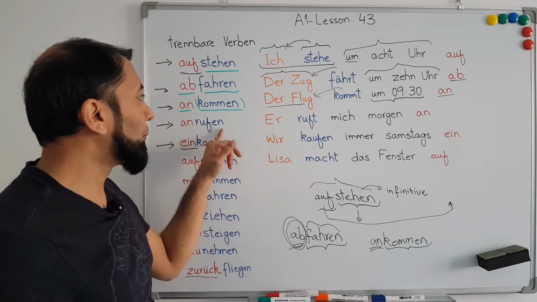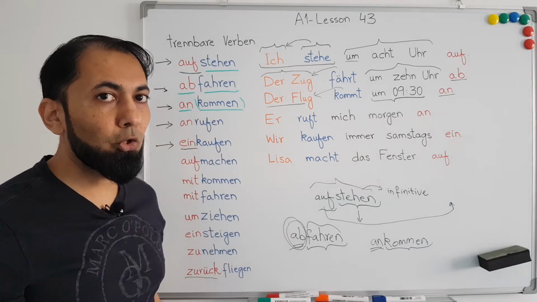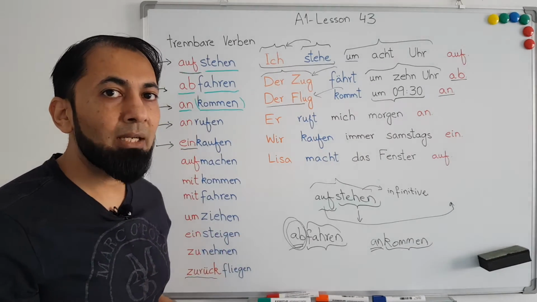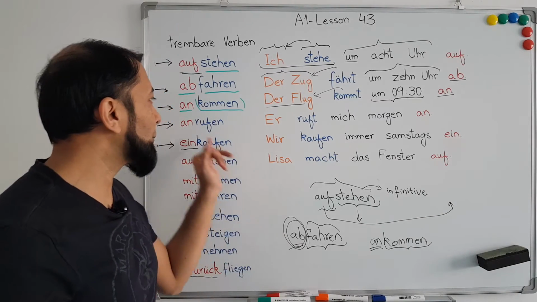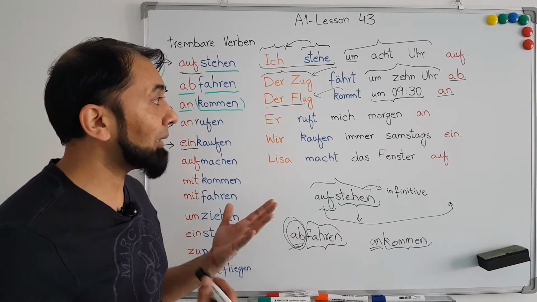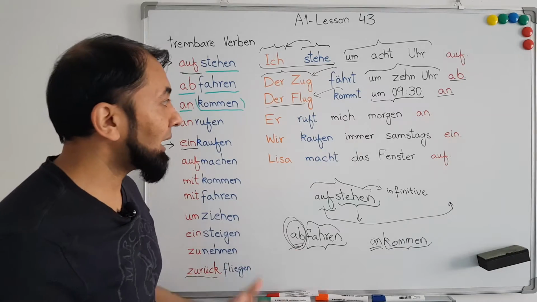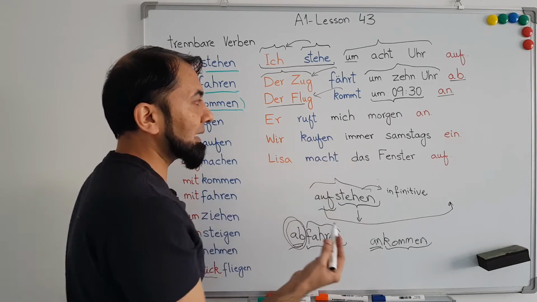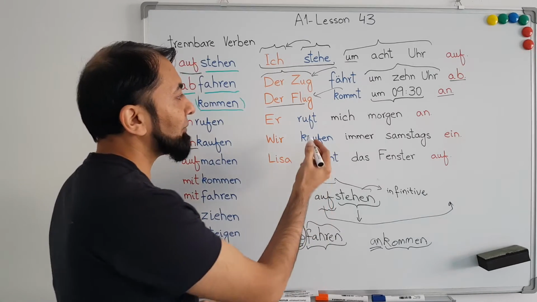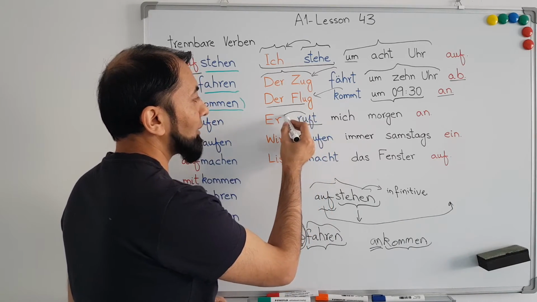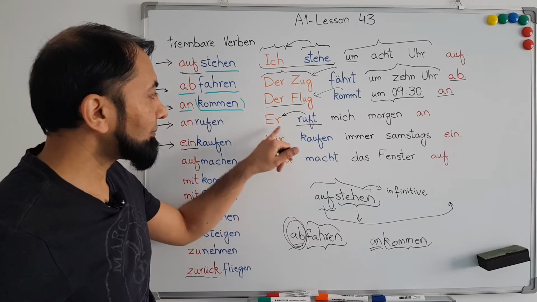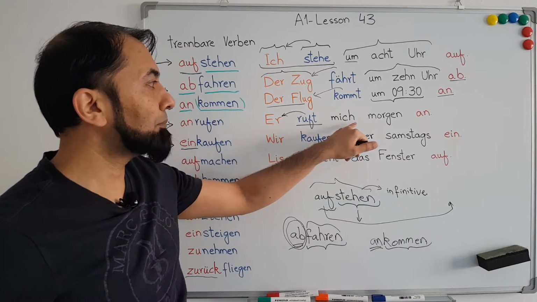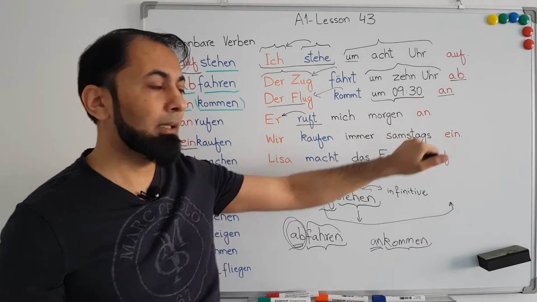Next is anrufen. Anrufen means to call. Whenever you call someone on mobile or telephone, you can use this verb anrufen. We will apply the same rules and same formula, that we will conjugate rufen, which is the infinitive part of the verb, and we will conjugate this according to the subject. Er ruft mich morgen an.